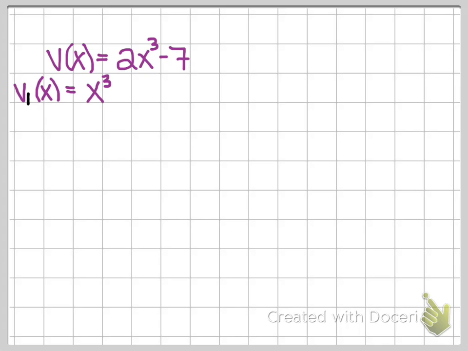Now, it's a series of little operations or little functions. v1, or the first operation that's being applied to my quantity in v, is a little function saying that x is being cubed or raised to the 3rd power.